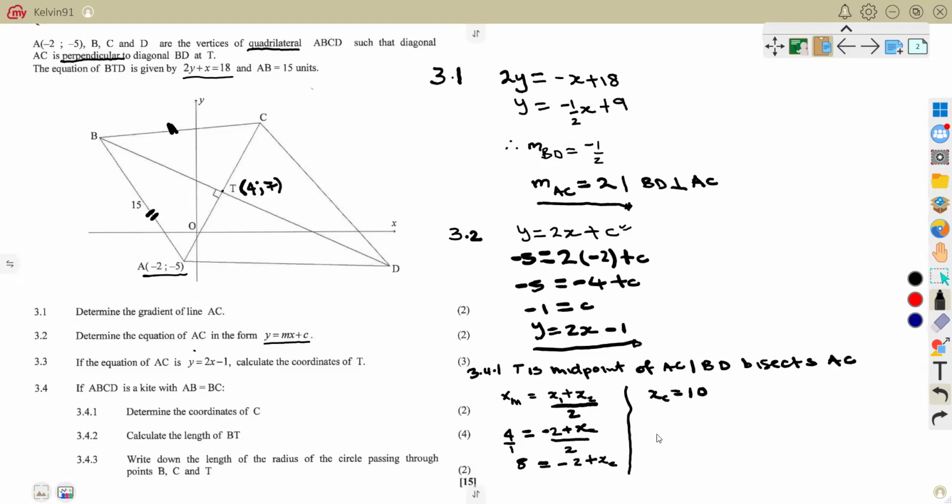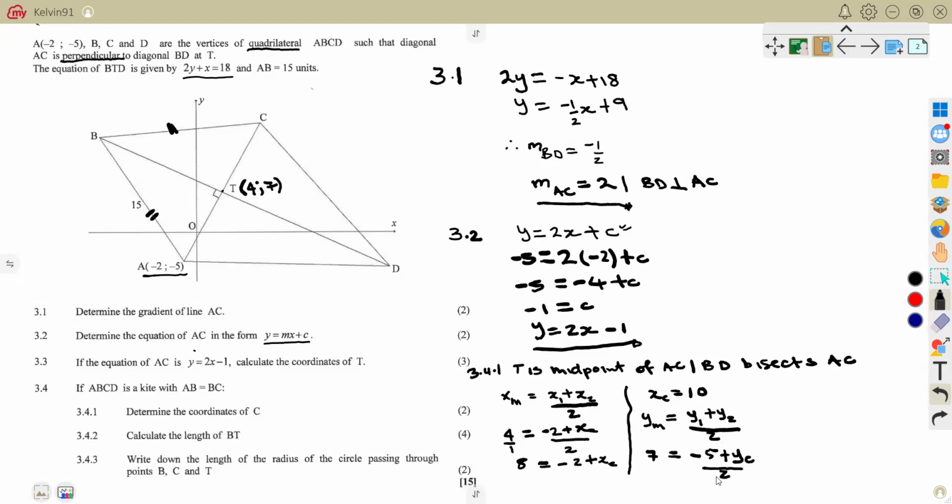Then the y part, we know the y at the midpoint must be equal to y at one endpoint plus y at the other endpoint, divided by 2. Here, the y at the midpoint is 7, which is equal to the y at the other point, which is negative 5, plus the y at C, divided by 2.